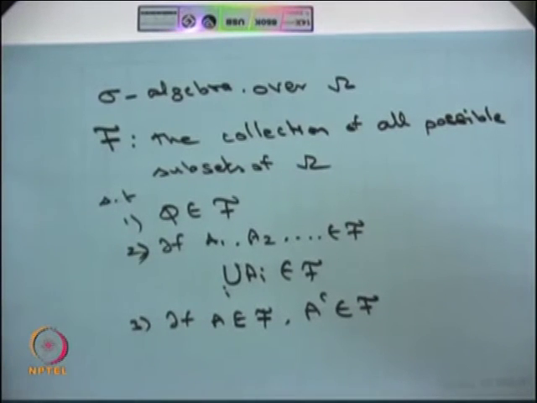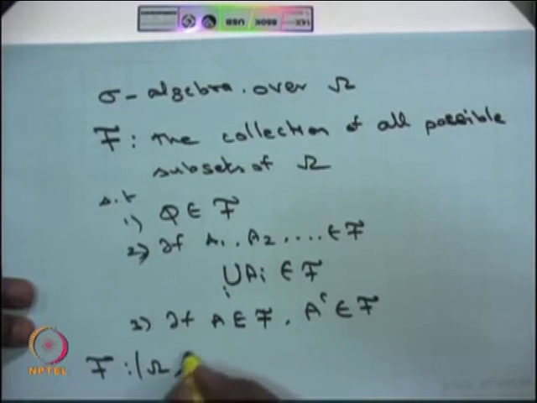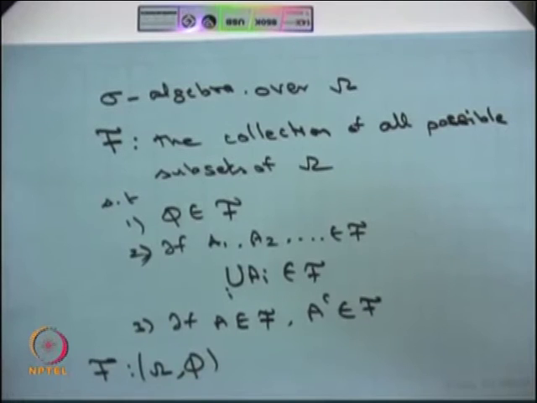That means, you can make the trivial F, which contains only the empty set as well as the whole set. This is also one of the sigma algebras over omega, the default one.